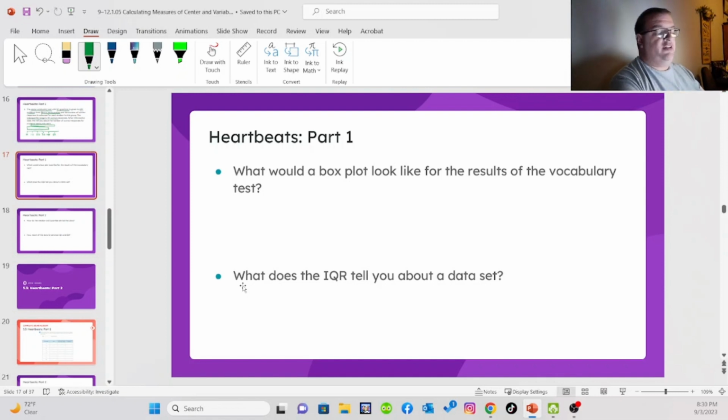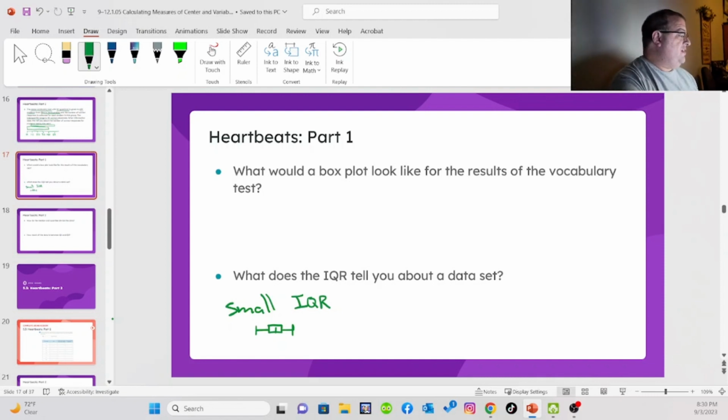If you have a very small IQR, then most of your data is very tightly packed. So if I have a small IQR, then I might see a box plot that looked like this.